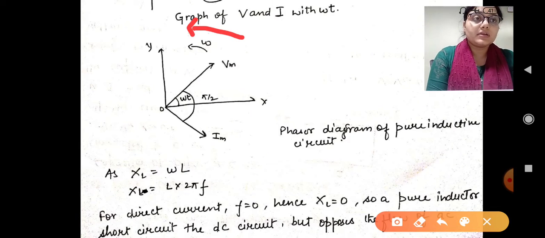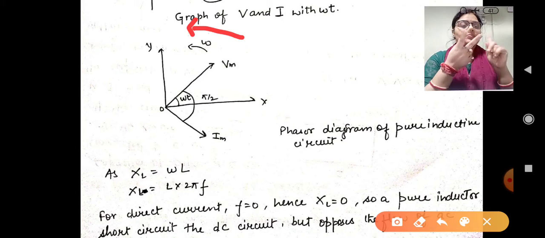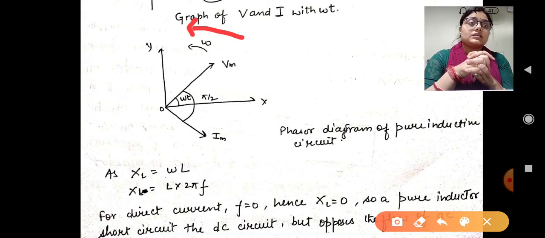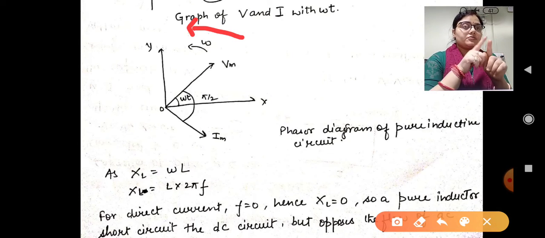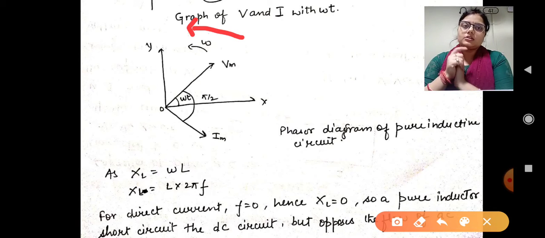So you have to remember, right now we discussed two things, the resistive circuit and the inductive circuit. In the first one they are in the same direction. In the resistive circuit they are in the same direction, their phase difference is 0. And the second one which we are discussing, the inductive circuit, in this the value of current is 90 degree lag behind the voltage value.